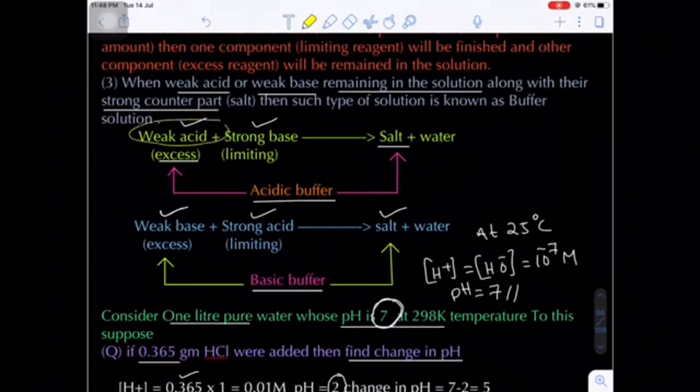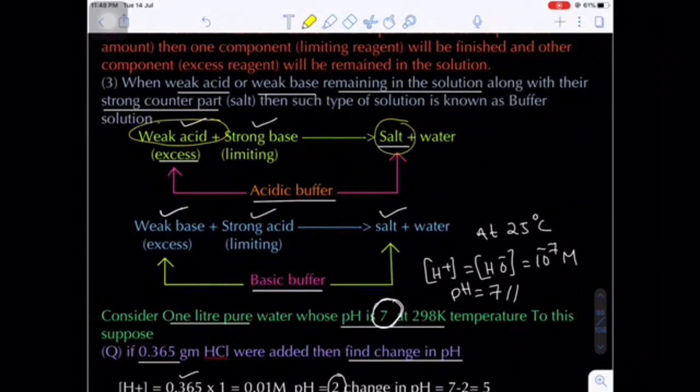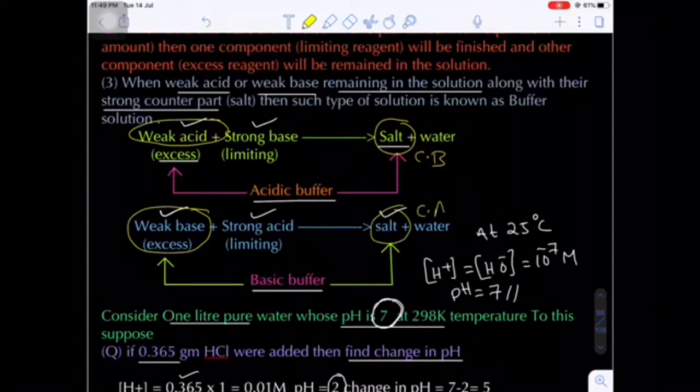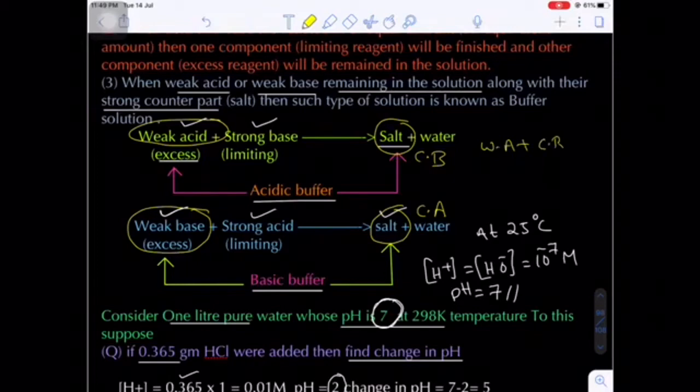Just now I told you in the beginning the definition of an acidic buffer. An acidic buffer is a mixture of a weak acid and its salt, that is, the conjugate base. Salt is nothing but what? Conjugate base. Okay, now what is the basic buffer definition? It is a mixture of a weak base and its salt, nothing but the conjugate acid.